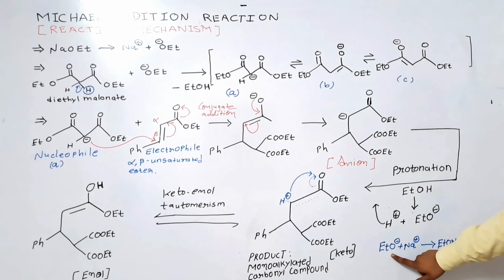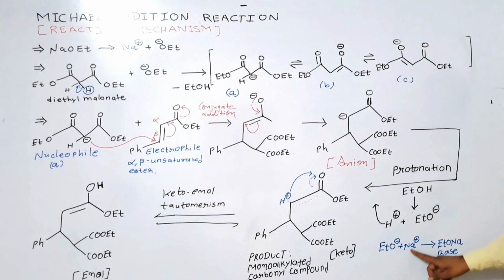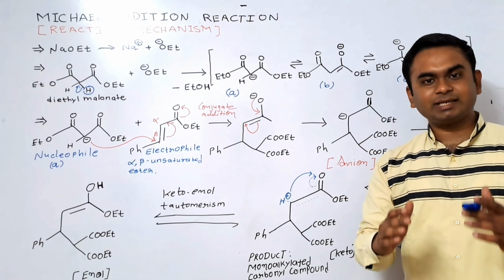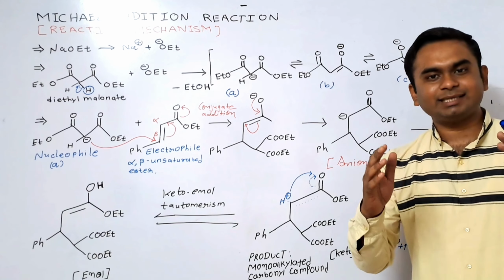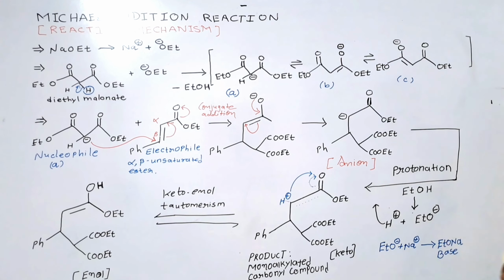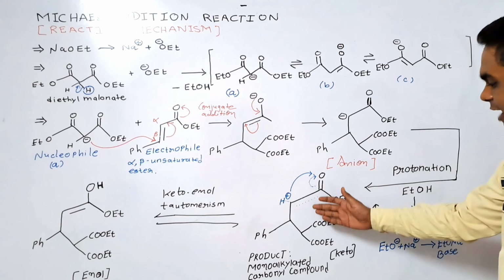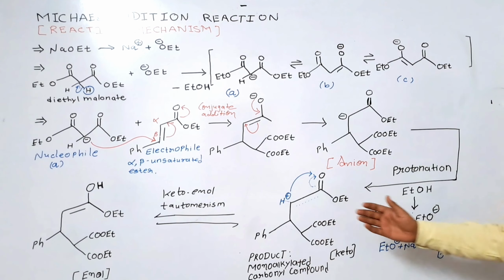These ethoxide ions react with the sodium ions and make our base, sodium ethoxide. So this reaction occurs in the presence of base, and here the base acts as a catalyst. Okay. Now with protonation of this anion, we get our final product, the monoalkylated carbonyl compound.